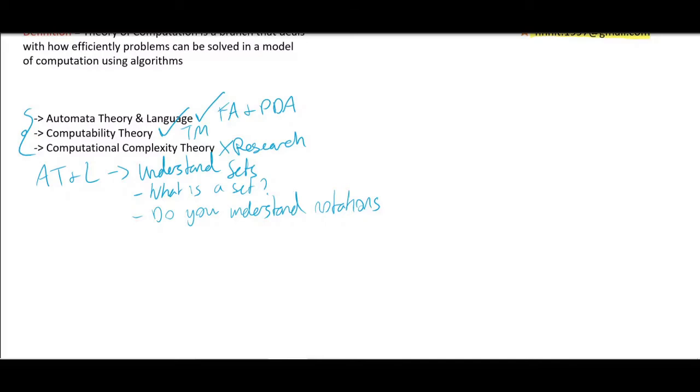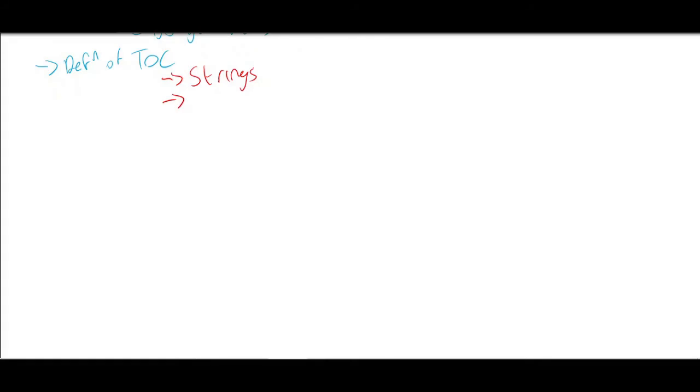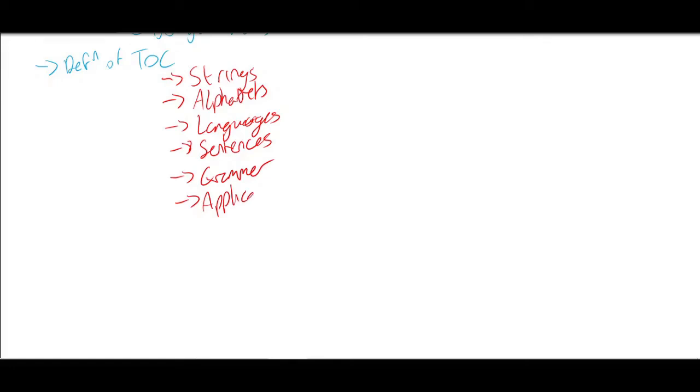If we look at this in relation to the definition of theory of computation, we see that the different concepts it includes are strings, alphabets, languages, sentences, grammar, applications.